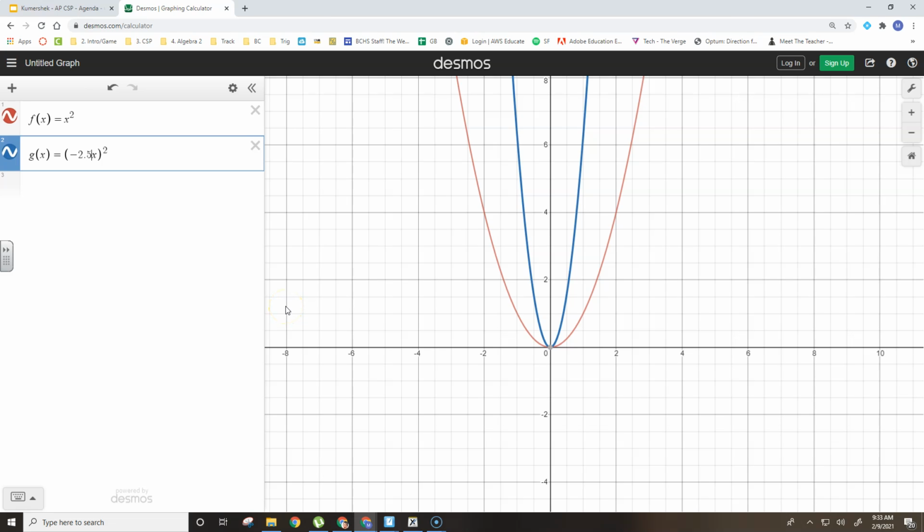So the graph is being squeezed closer to the y-axis. Okay, so horizontal compression. And again, you could look at this problem and say, doesn't it look vertically stretched as well? Yes, there is an equivalent vertical stretch, but in this case, we're only focused on the horizontal compression because of the way that we wrote this function.